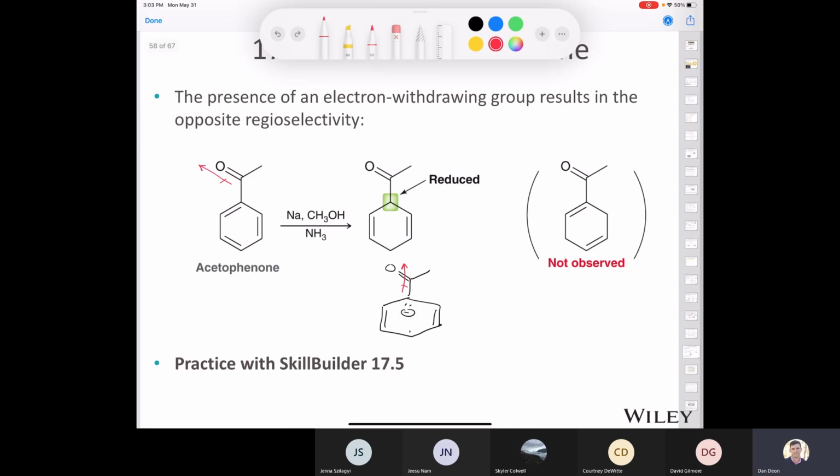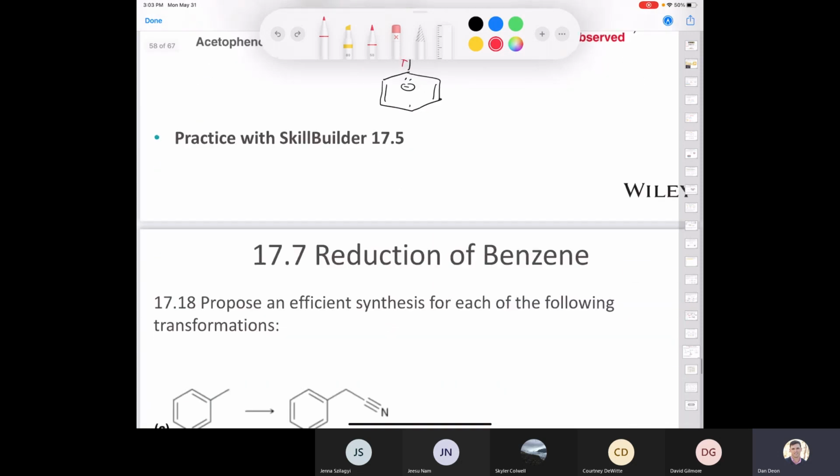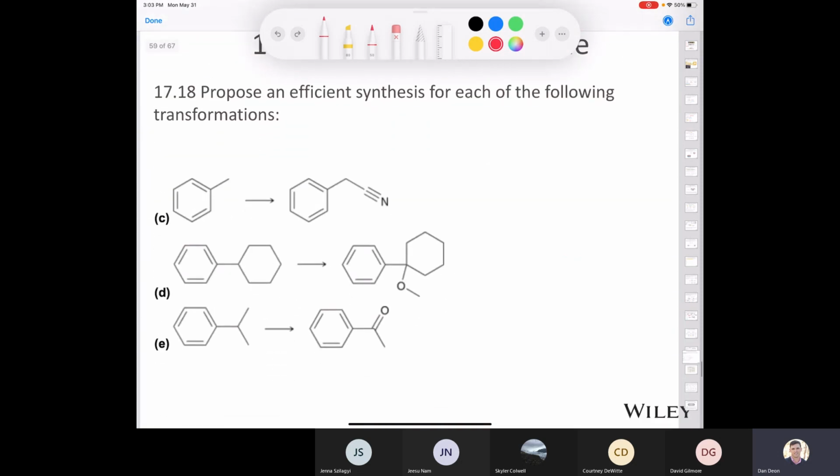And that's why the regioselectivity, when we have an electron withdrawing group, EWG, is such that the carbon that's attached directly to it does get reduced. With all that in mind, let's take a look at some problems where we have to do some syntheses.